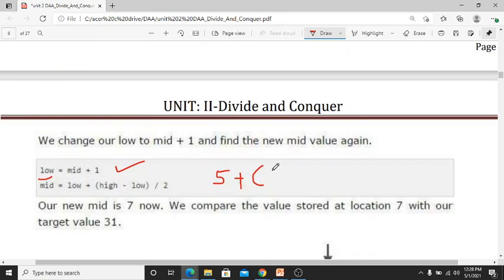High is 9. 9 minus, what is low? 5, divided by 2. So what will be the answer? 9 minus 5 is 4. 4 plus 5 is 9 by 2.